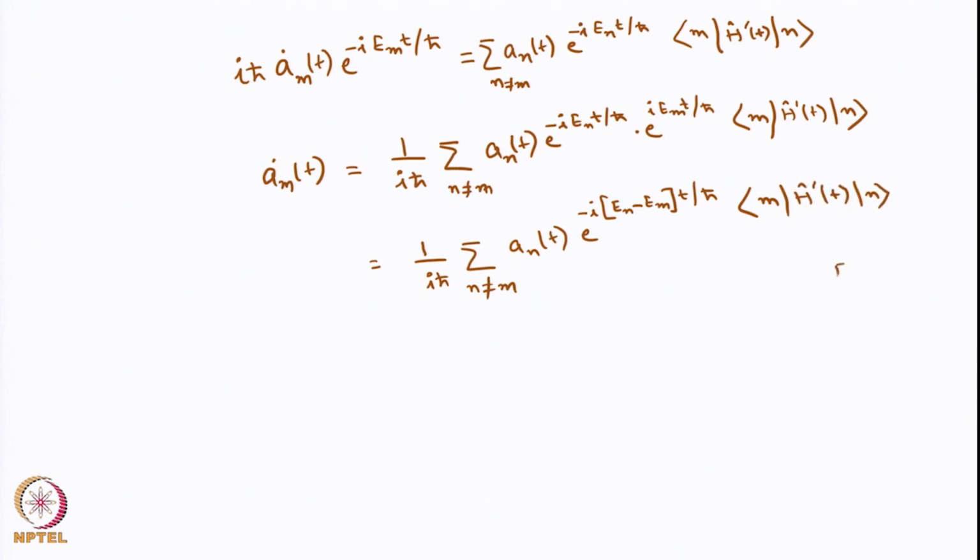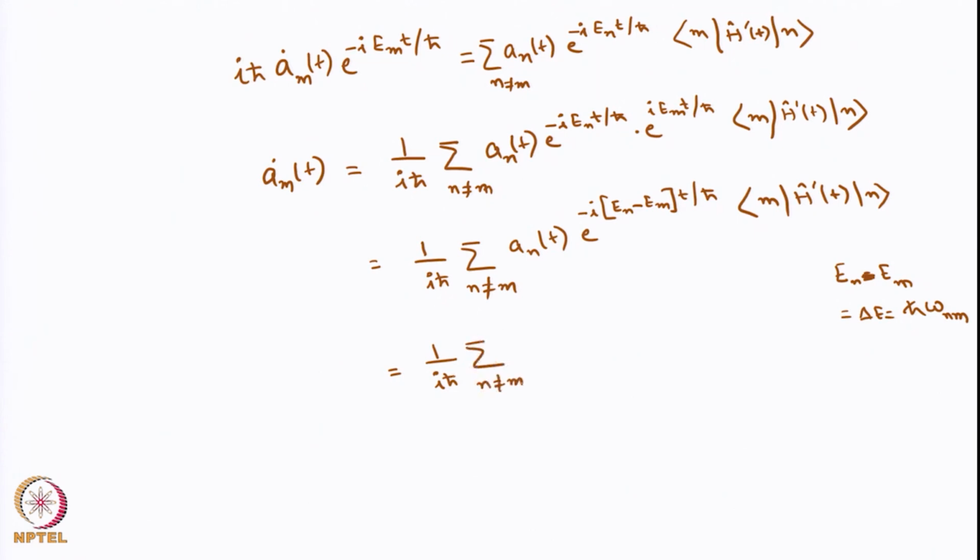Now, I can write E_n minus E_m, sorry, E_n minus E_m is equal to ΔE, is equal to ħ ω_nm.